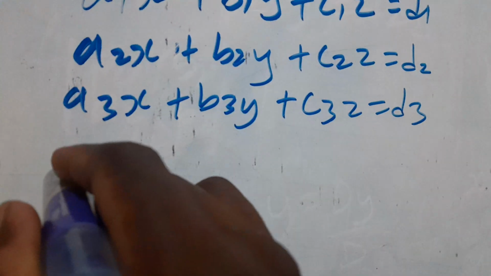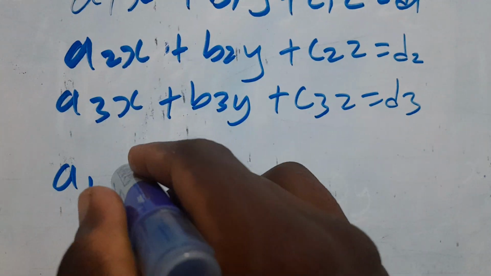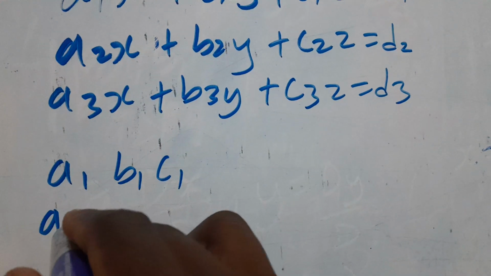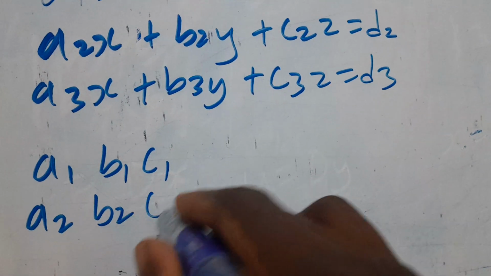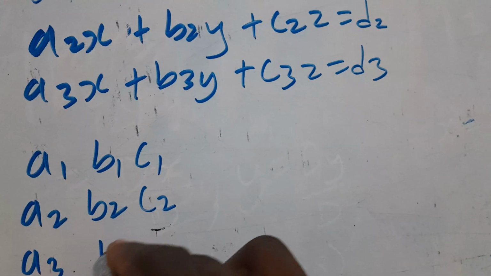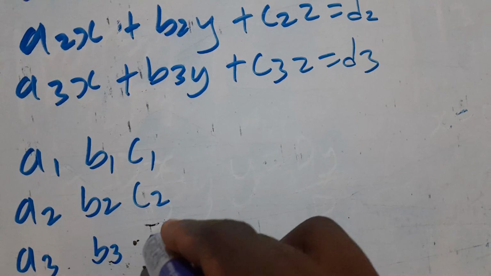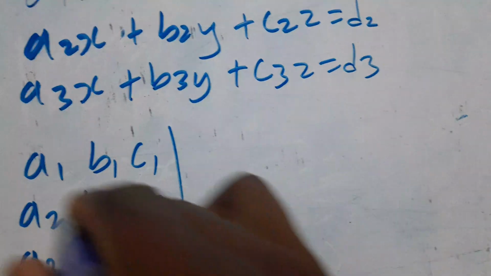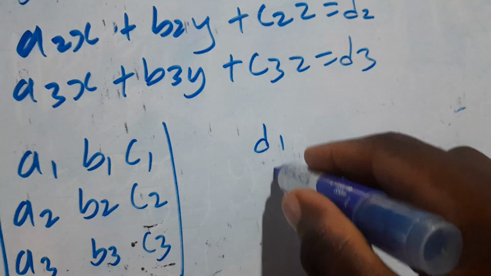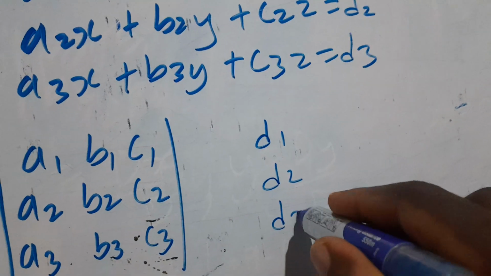In matrix form, we will have a1, b1, c1, a2, b2, c2, a3, b3, and c3. We also have d1, d2, and d3.